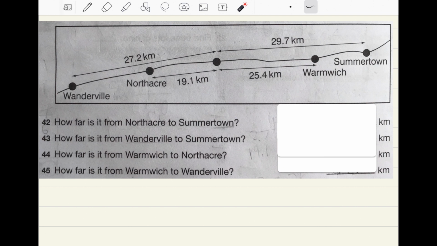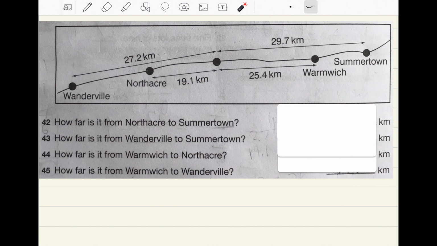Northica to the dot is 19.1 km. Northica needs to get to Summertown, not to the dot. And then the dot to Warmwich is 25.4 km.